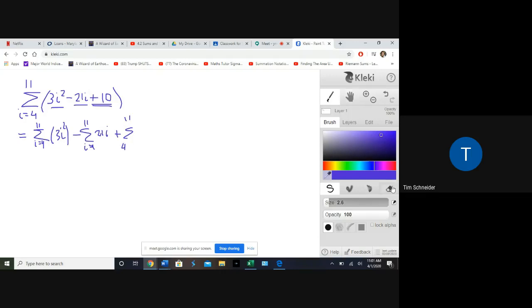Remember that this is not just the number 10 hanging around, it's actually a sum from 4 to 11 of 10s. So we're going to have to figure out exactly what that is and is not clear here. Let's actually deal with that one first, though.